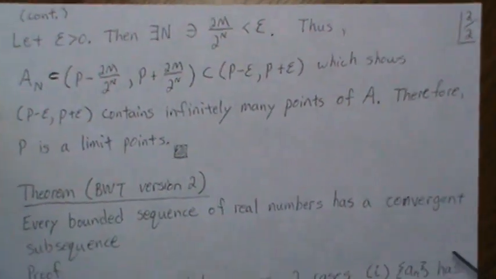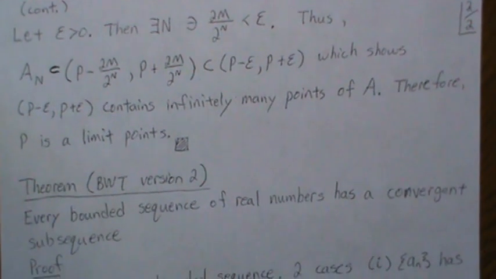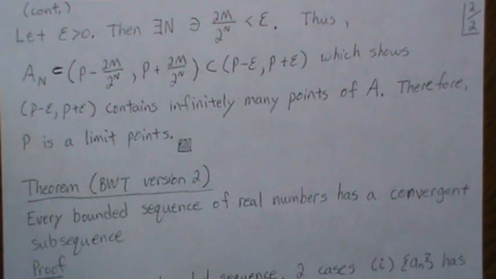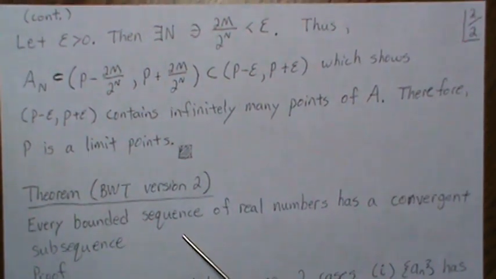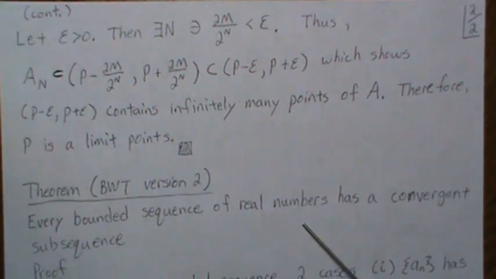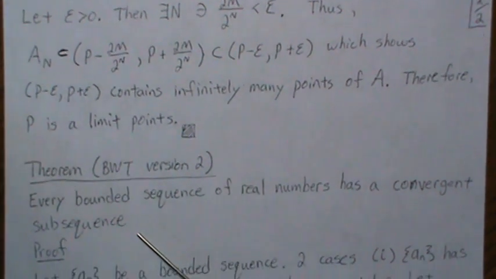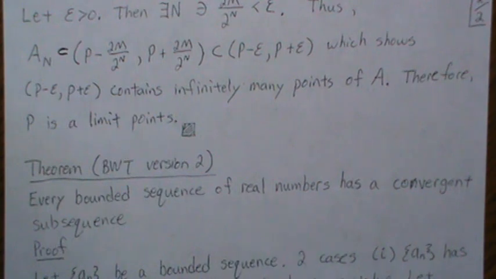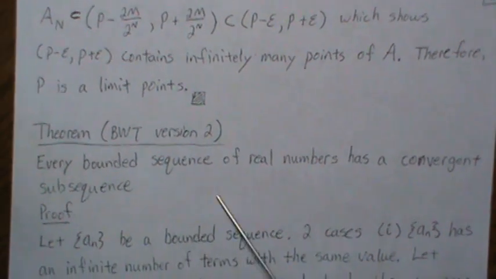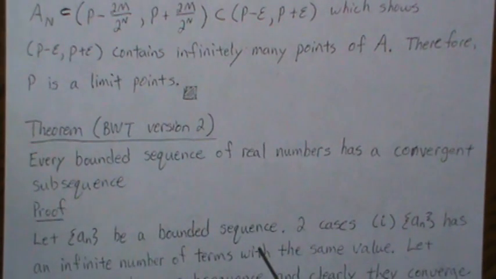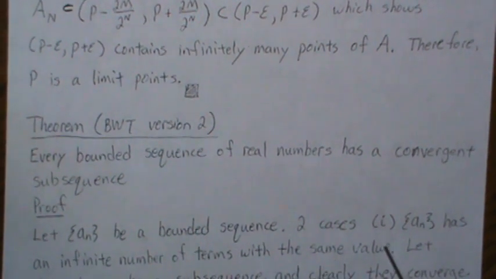Now, the second version of the Bolzano-Weierstrass theorem is this: every bounded sequence of real numbers has a convergent subsequence. Both of those are interchangeable, and you can prove that one implies the other and vice versa. So let a_n be a bounded sequence. Two cases.